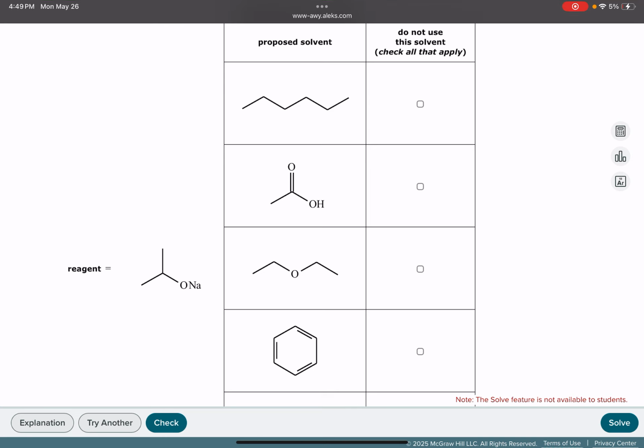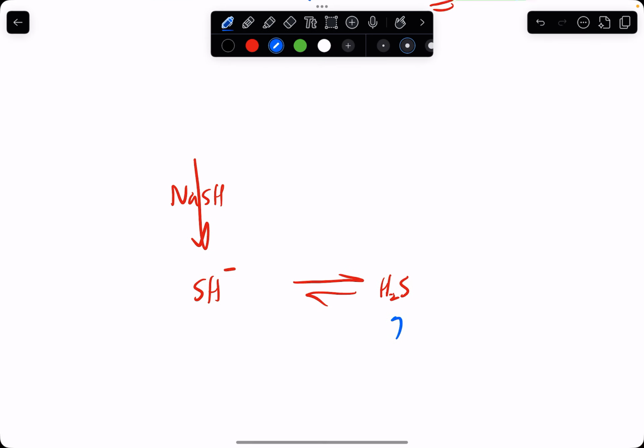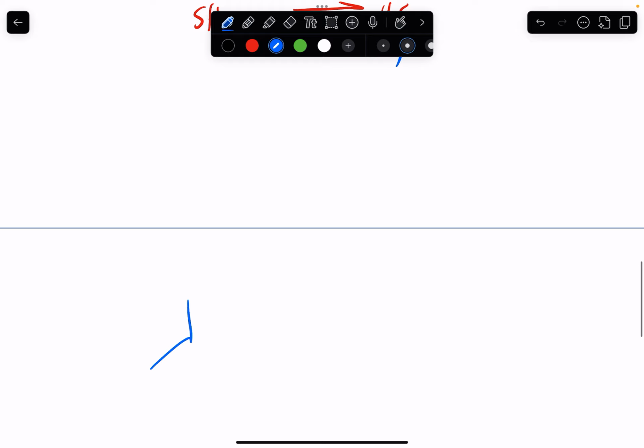Isopropyl ONa. Take a pencil, pause the video, and write down the base that we're concerned about. Okay, we don't see that when we look at it. What we see is isopropoxide, right?